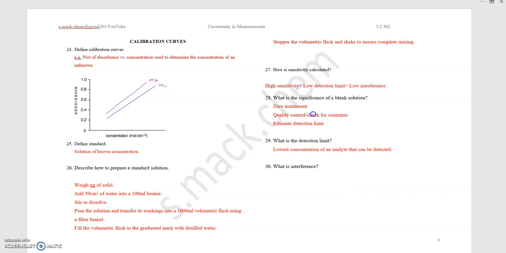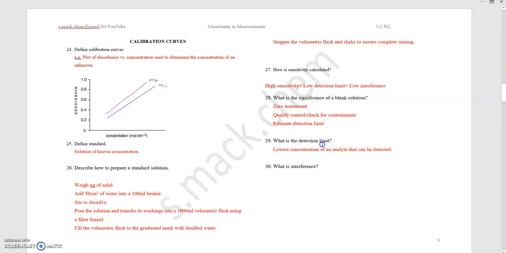So if there is a signal from our blank solution, that means what we contain in our sample to be mixed with the analyte contains contaminants and might need to be changed, and our blank solution hence establishes a detection limit for our experiment.